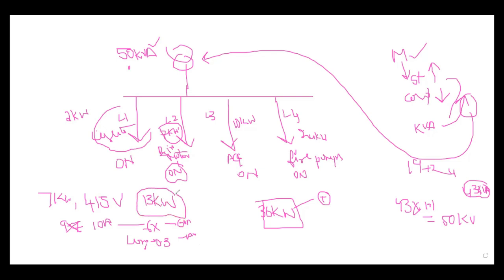My motor at present is not a 7 kilowatt motor, it requires 13 kilowatt here. So now the demand of this load during starting is not 7, it's nearly 13 kilowatt.